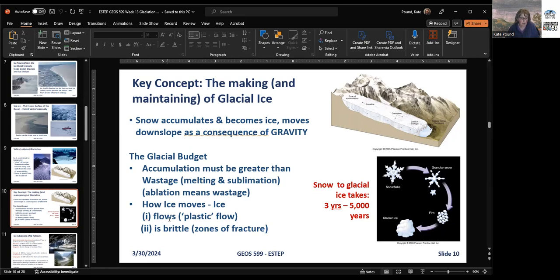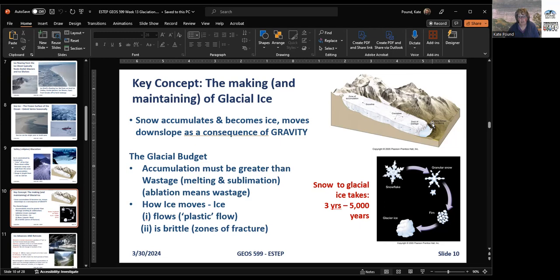And I've already mentioned how it moves, the ice moves internally by what we call plastic flow. That means it just flows, but there are also some zones of fracture. Now, what is really important to get your brain around is that regardless of how much wastage or ablation there is, the ice will always be moving forward.